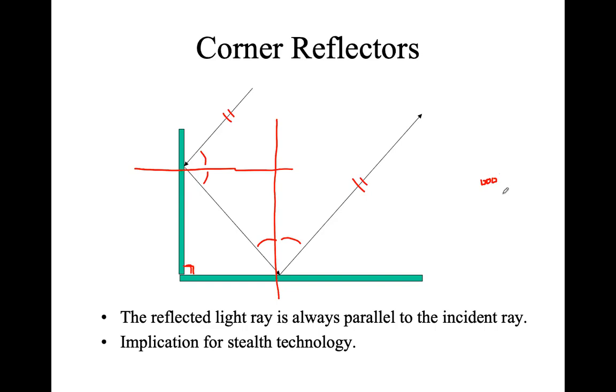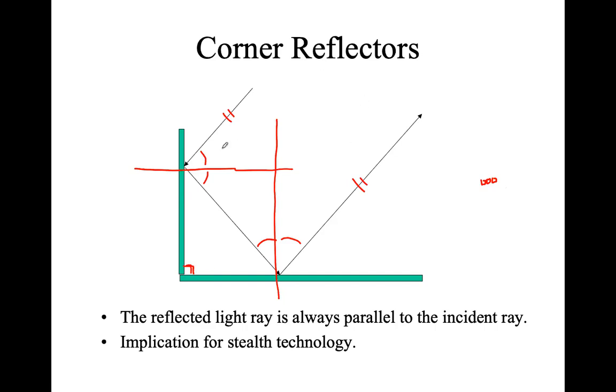On the other hand, if, say, you're building a warship or an airplane and you don't want it to be reflected, well, just take away all the 90-degree angles in the design of the warship or the airplane. If you look, the Air Force and the Navy's stealth fighters are all built with profiles that minimize 90-degree angles.